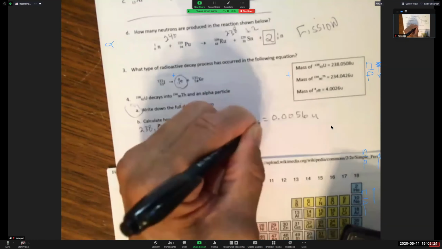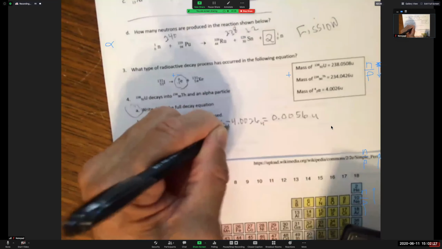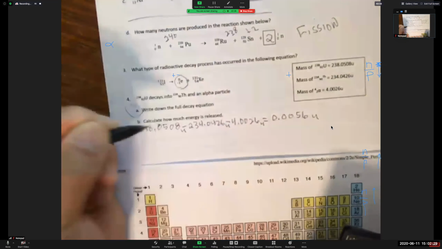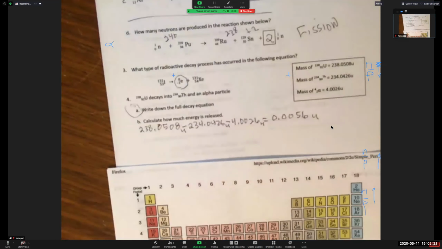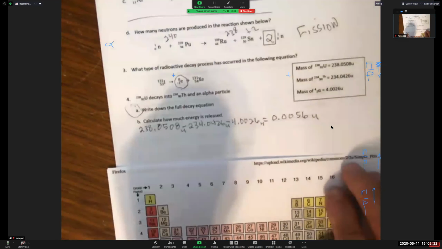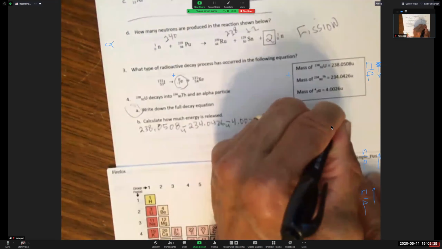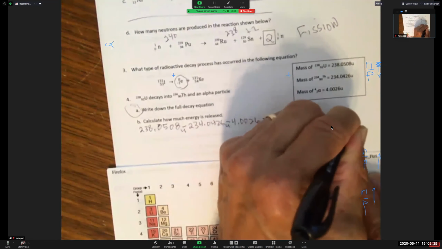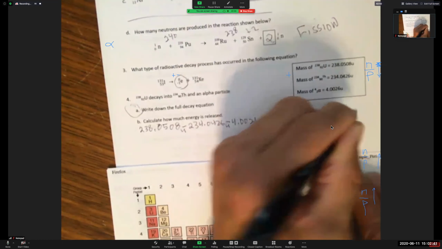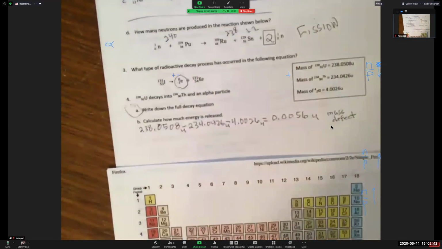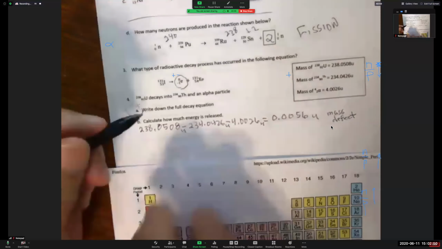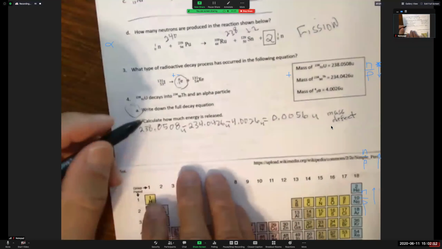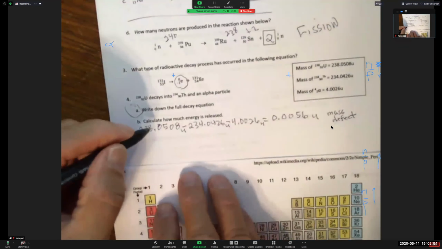So let me put U in front of all these. These are all AMUs. So you have 0.0056 u, and this is our mass defect. I think that's what we call our mass defect. And so we want to convert our mass defect into million electron volts.